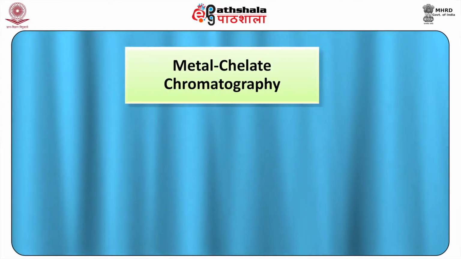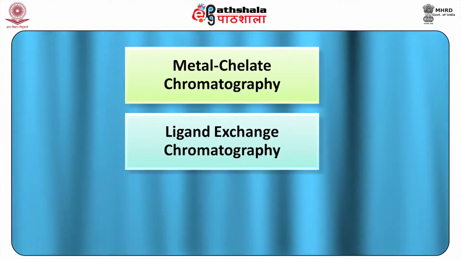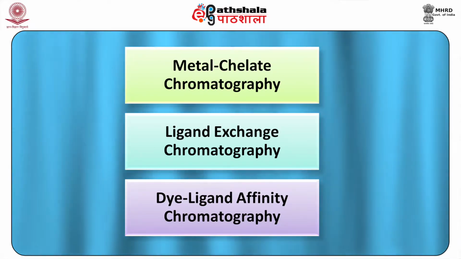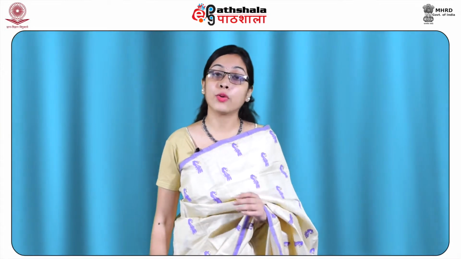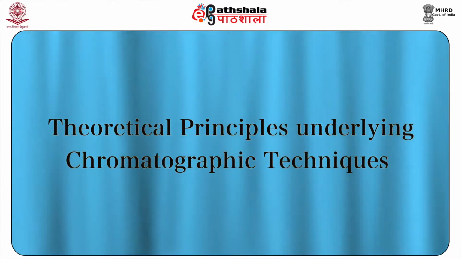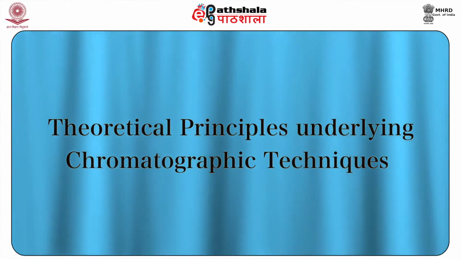Other modifications of this technique are metal chelate chromatography, ligand exchange chromatography, and dye-ligand affinity chromatography. The technique which makes use of all these principles and permits very rapid separation is high performance liquid chromatography, also known as HPLC. Now moving on to theoretical principles underlying chromatographic techniques.